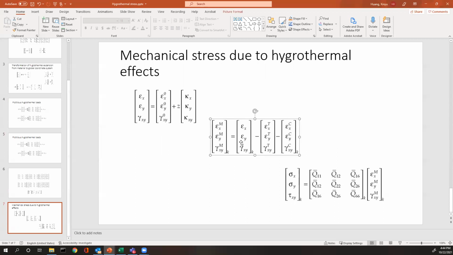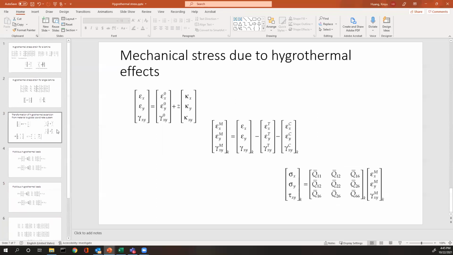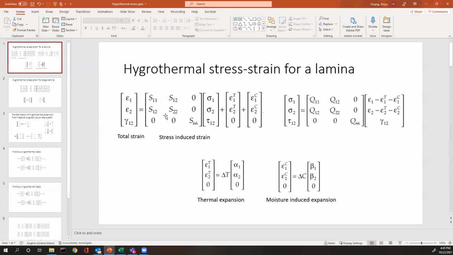Then you take the total strain, subtract the temperature effect, subtract the moisture effect, you get a mechanical strain. And then you calculate the mechanical stress based on the mechanical strain. In a way, we basically apply this set of equations reversely. We get this strain, we subtract this out, and then we multiply the inverse of this, we get the mechanical stress.